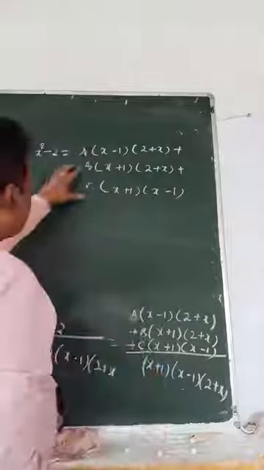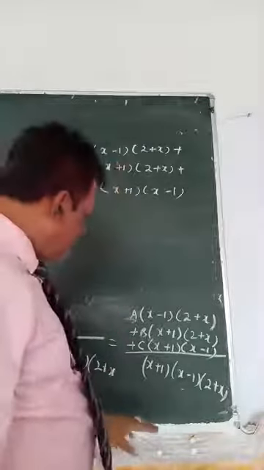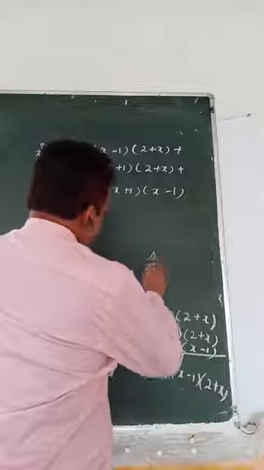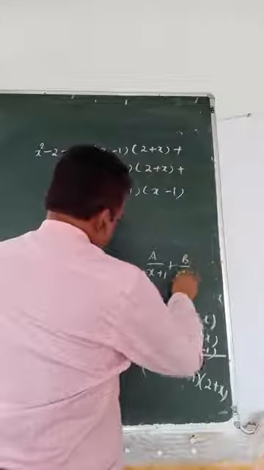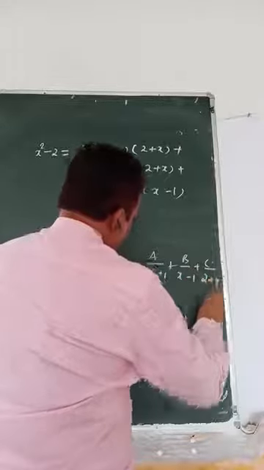Okay, so many complicated parts here, but things are very simple. If you just look at what you wrote: A by (x + 1), B by (x - 1), C by (2 + x). This you keep in mind.